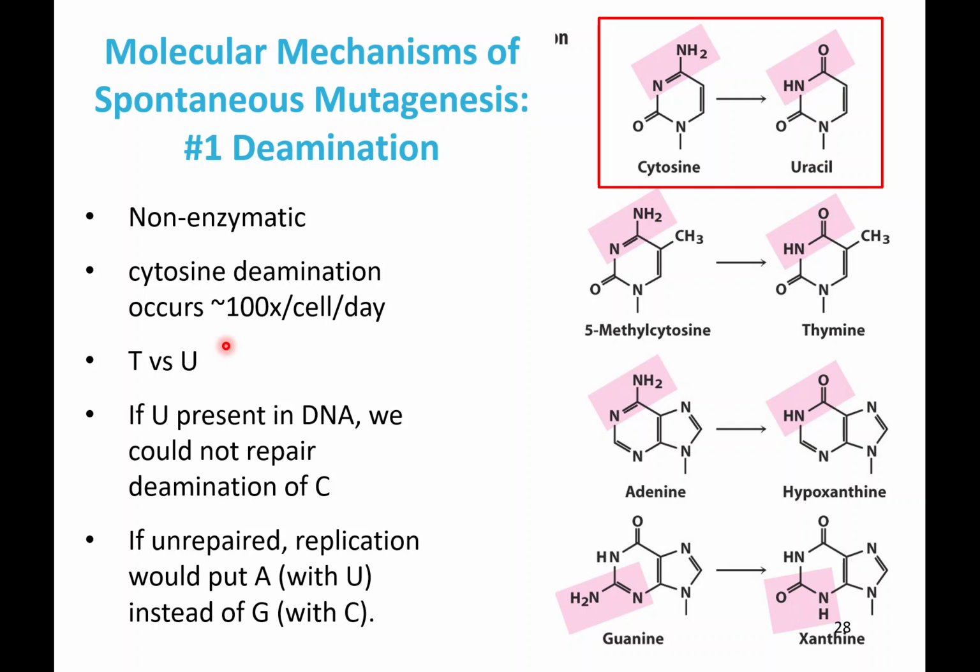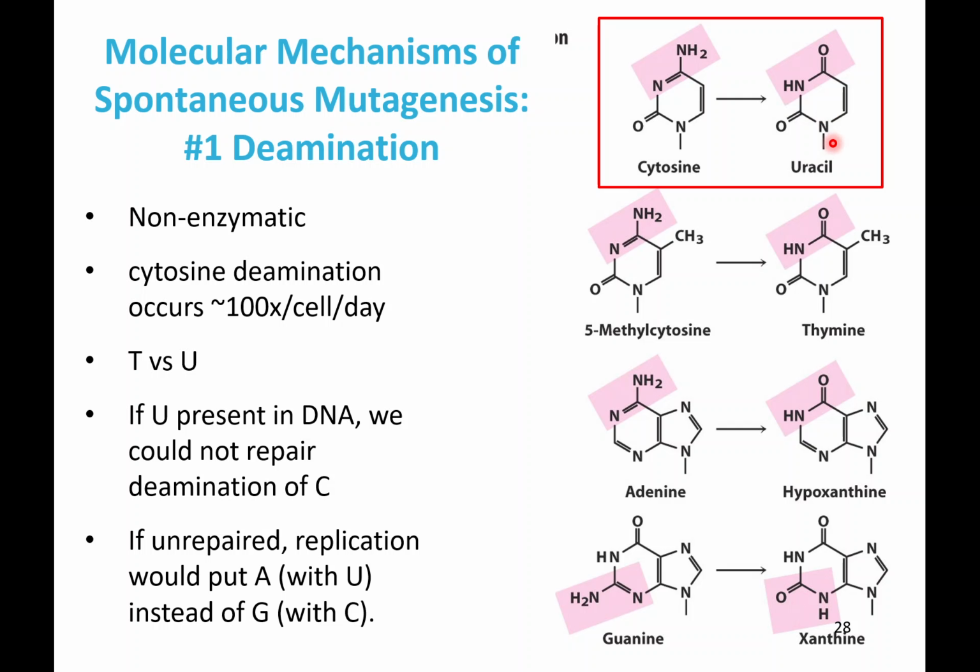What that does, this is probably the most important one here, because that changes a C to a U. Okay, so what happens is there's a mechanism that if you have a U in your DNA sequence, there's an enzyme that recognizes that and says, oh, that was a mistake.